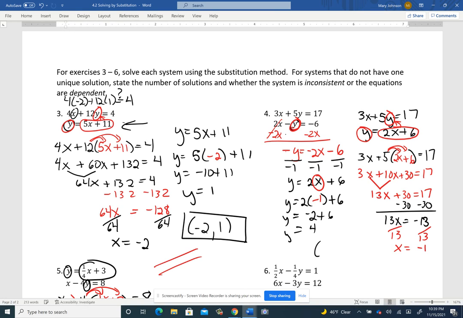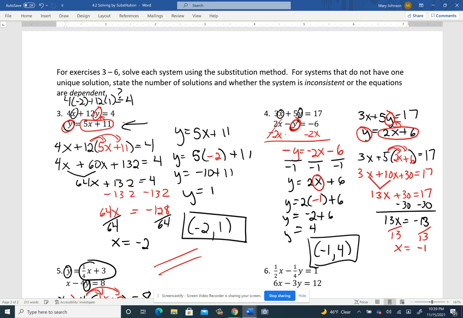So I think it should be a negative 1 for x and a 4 for y. Okay. Now you can check these. I'm going to stop checking them, but you can check it by plugging in for the x and the y in both equations and just seeing whether it works. And it would. It does.